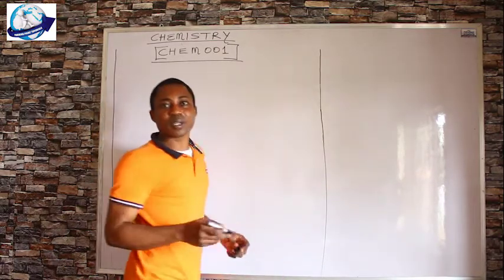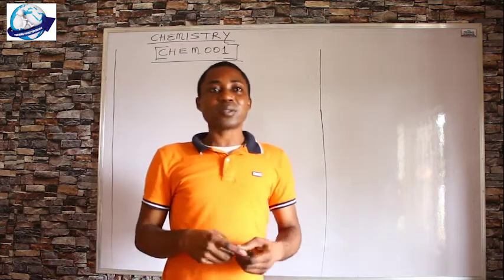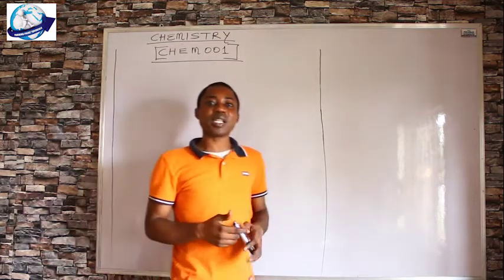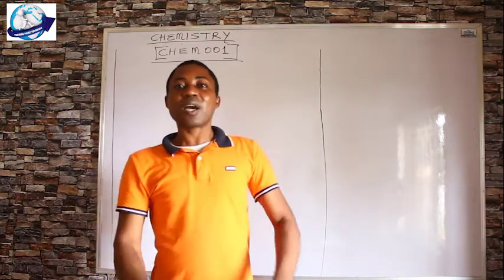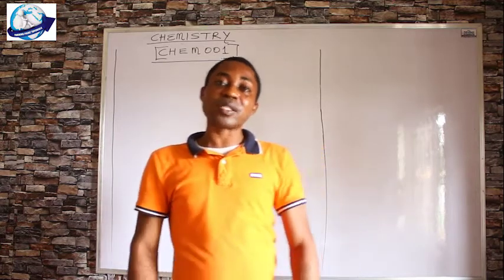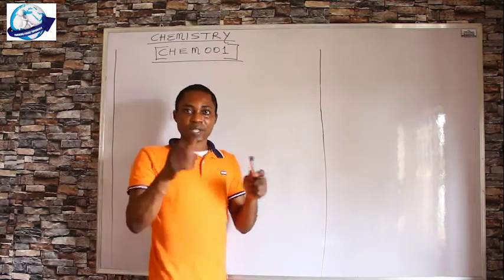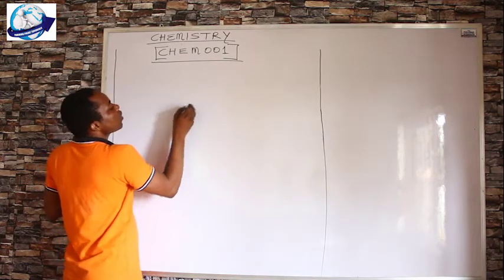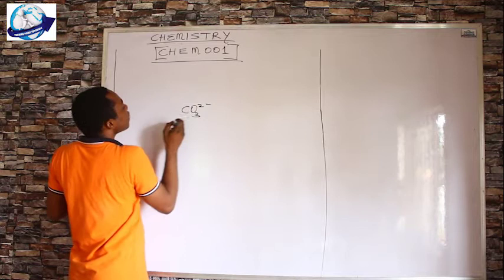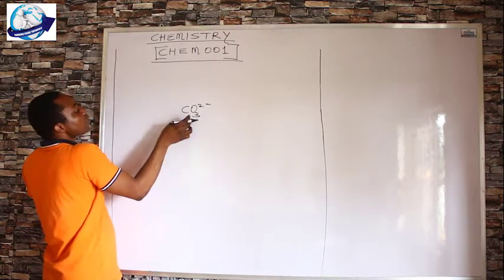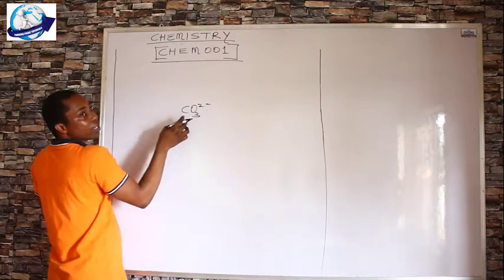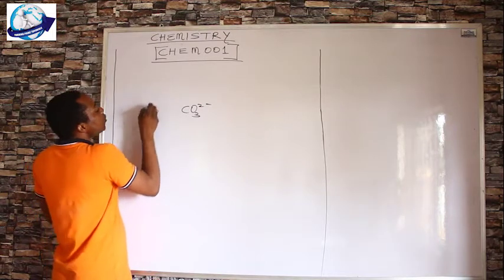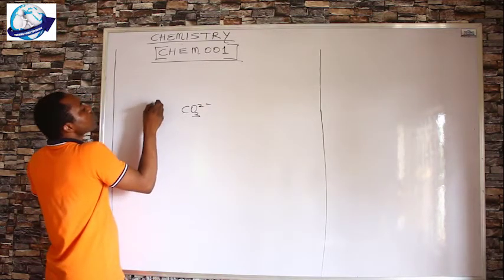Uses of oxidation number. Number 1, it can be used in writing the chemical formula of a compound. Take for instance, if you have this radical CO3 2-, and another like aluminium 3+.